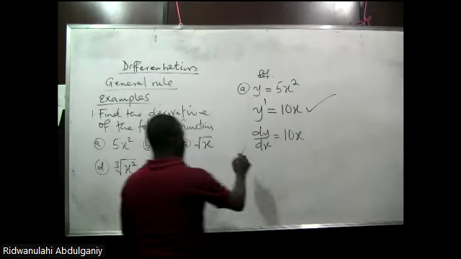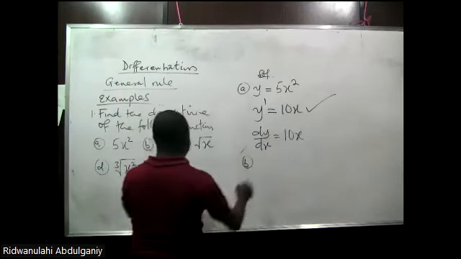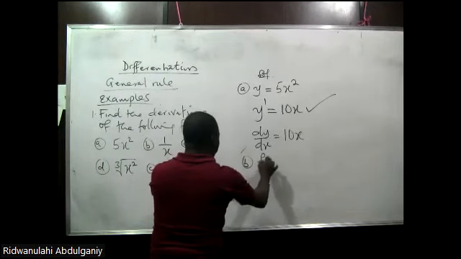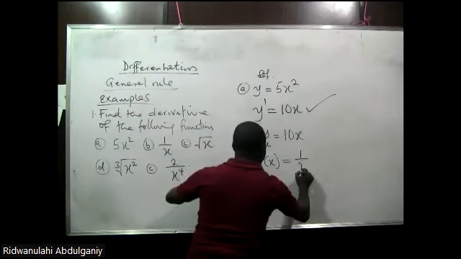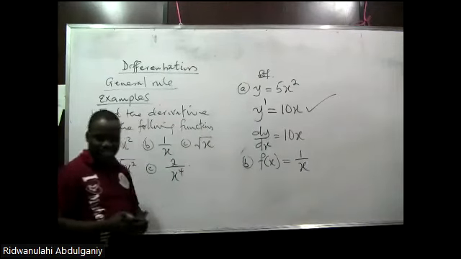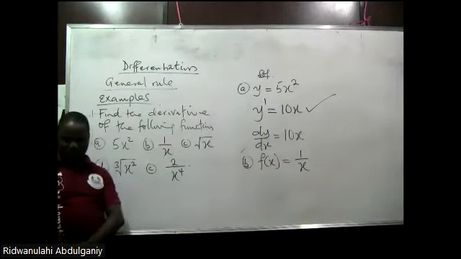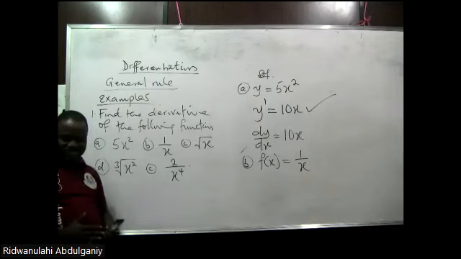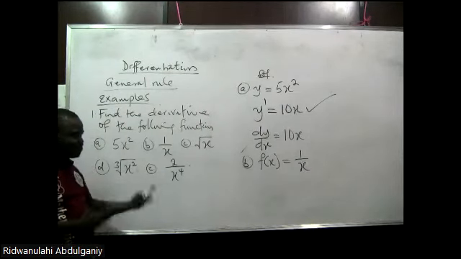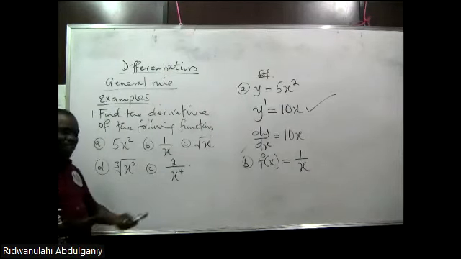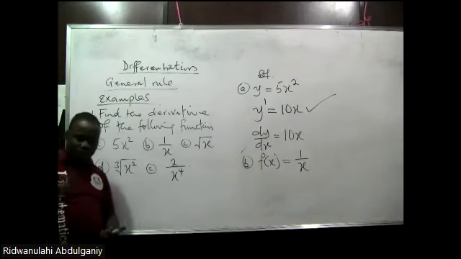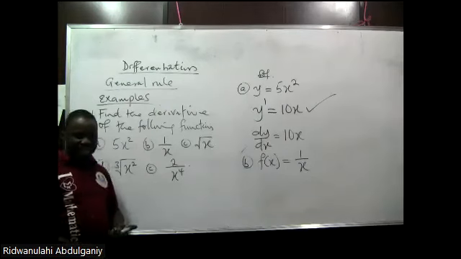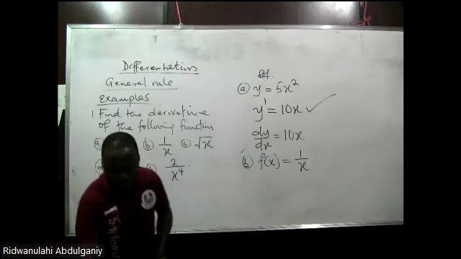So B, let me write it as f of x instead of y, equals 1 divided by x. What is the answer to this? Do not forget the formula: power multiplied by coefficient, or coefficient multiplied by power, then x raised to the power minus 1.